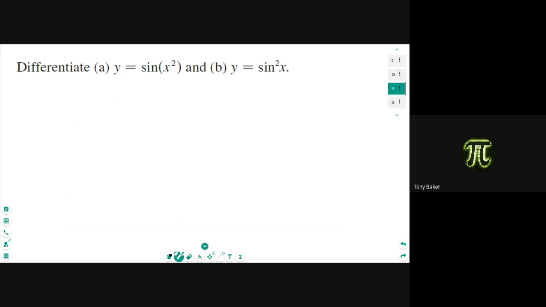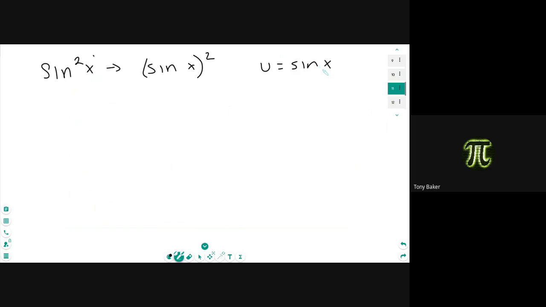So I'm going to just erase this whole thing and rewrite it. The original problem I had was sine squared of x, which I changed to sine x squared. In this situation, if I make u sine of x, what is the derivative of u? That's cosine of x. What is the derivative of u squared? That's 2u, right?